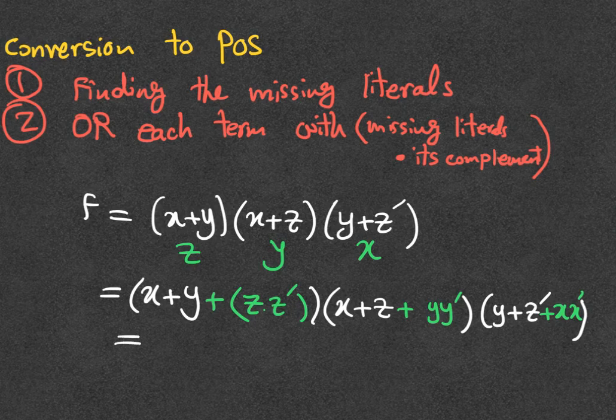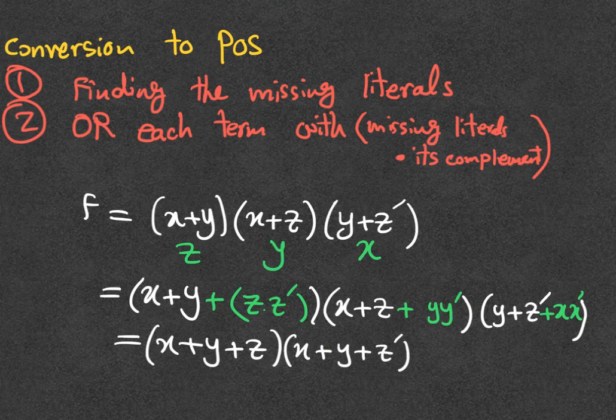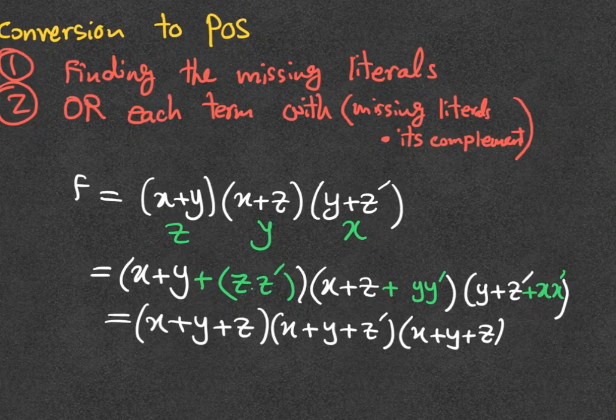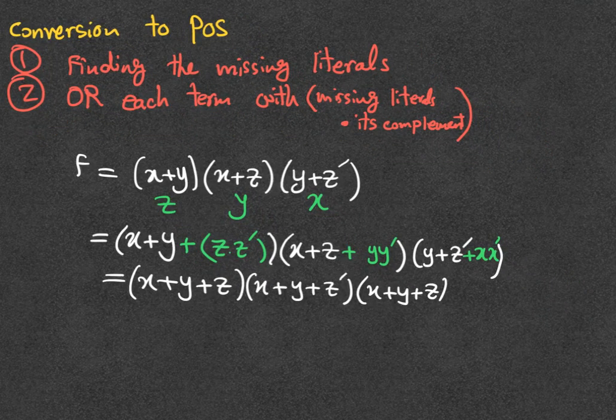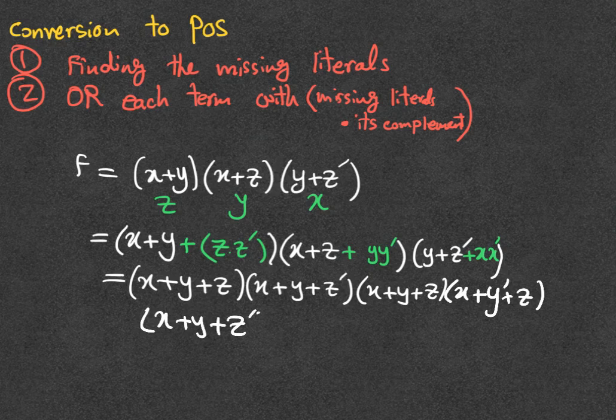So if you multiply, you get X plus Y plus Z, X plus Y plus Z prime, X plus Y plus Z, X plus Y prime plus Z, X plus Y plus Z prime, and X prime plus Y plus Z prime.